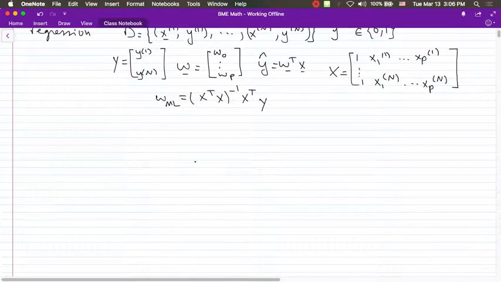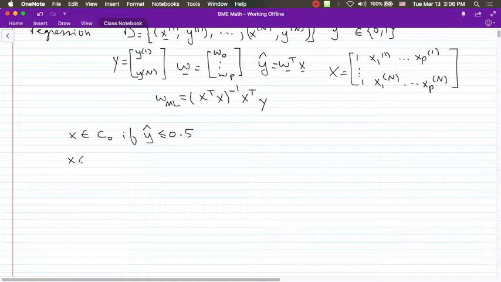All right. So what are we doing here? What are we finding? Let me give you an example of this. So suppose that X belongs to, we say, class 0 if my y hat is less than or equal to 0.5, and we say X belongs to class 1 if my estimate says I have something bigger than 0.5.